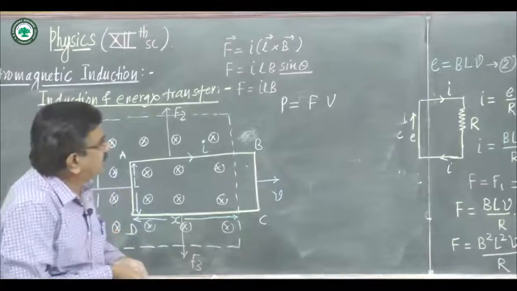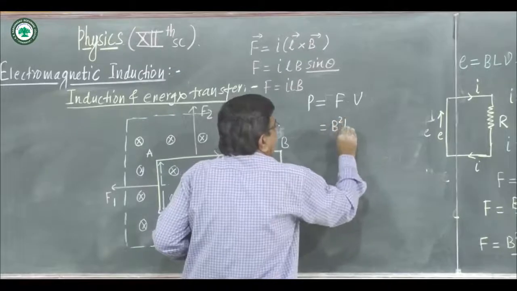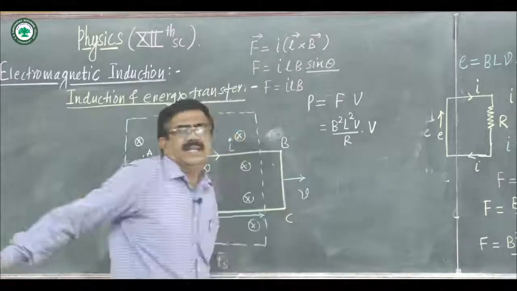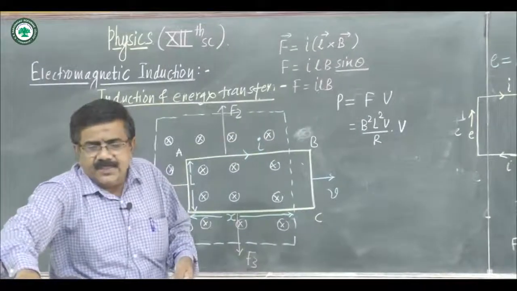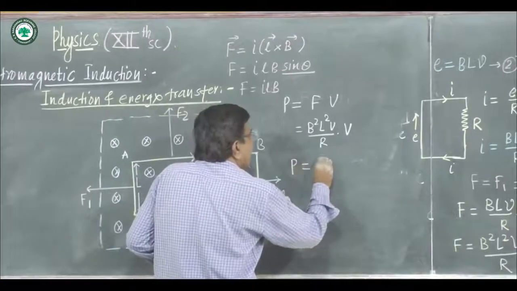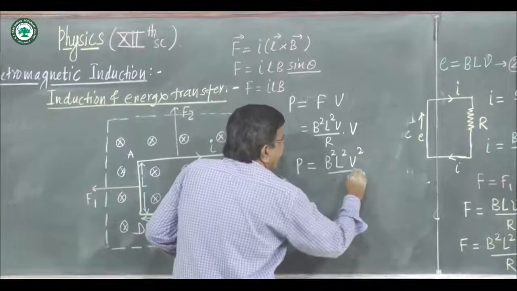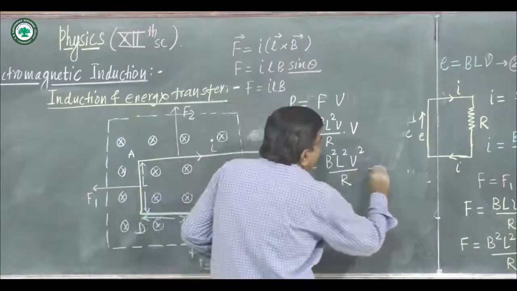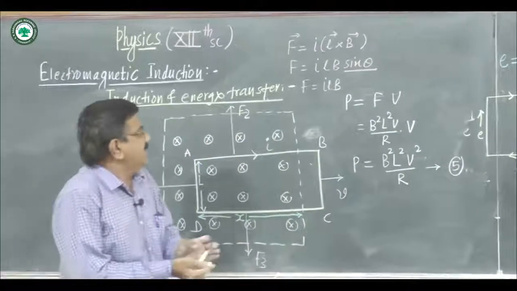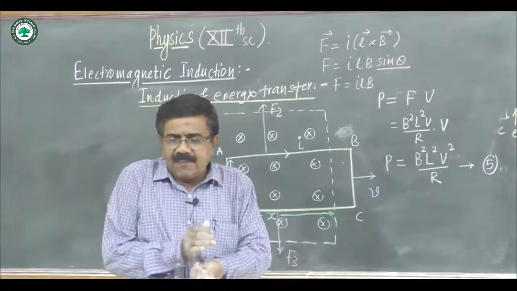F we know is B square L square V upon R, into V. So power will be B square L square V square upon R. Suppose this is equation 5. We get the power as B square L square V square upon R.